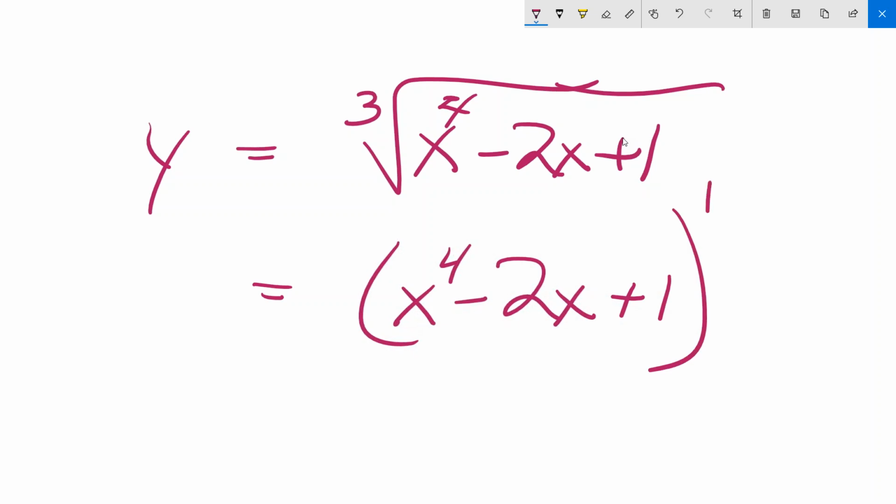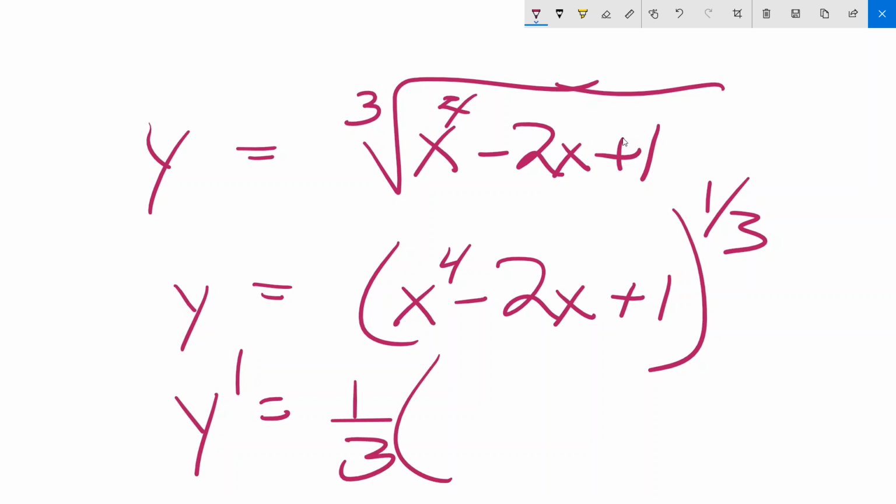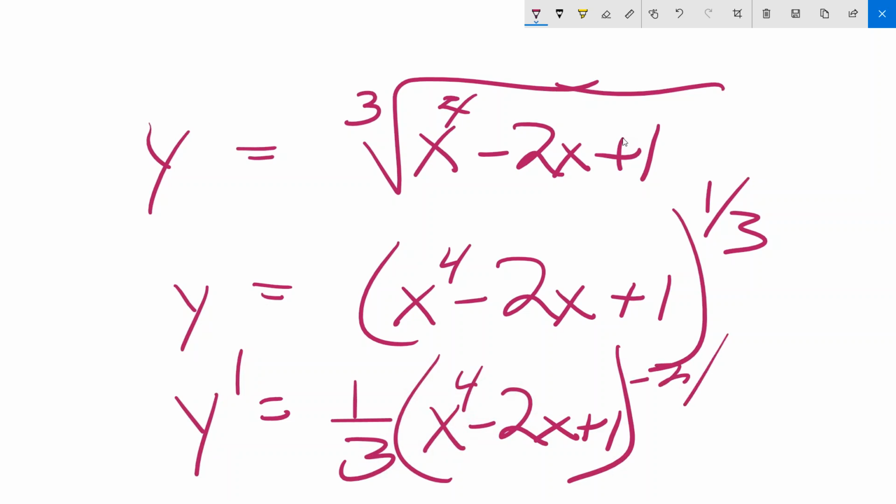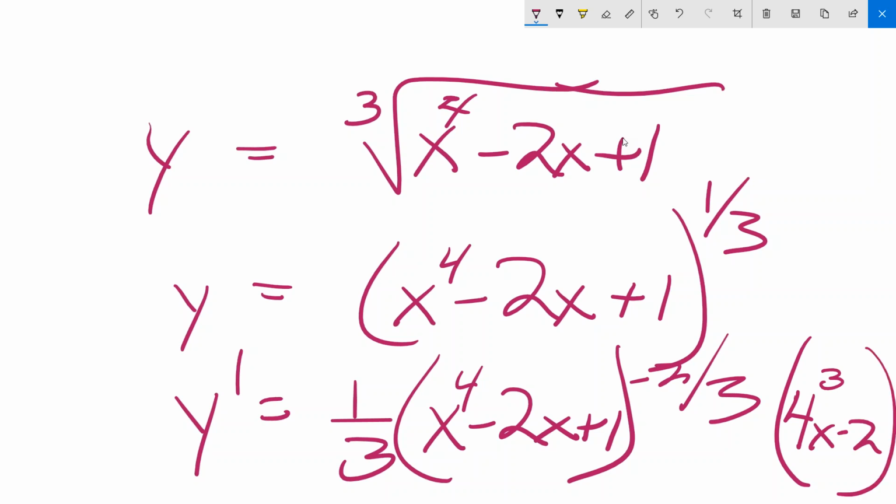The 1/3. Give me the derivative of that. That is 1/3 times x to the fourth minus 2x plus 1 to the negative 2/3 power times 4x to the third minus 2. Always start with that exponent. Don't start anywhere but that exponent.